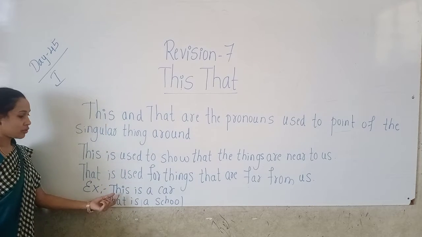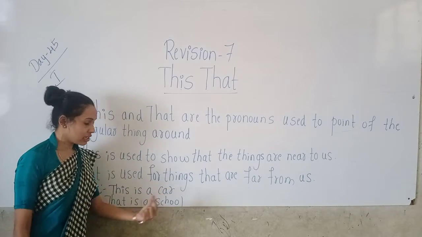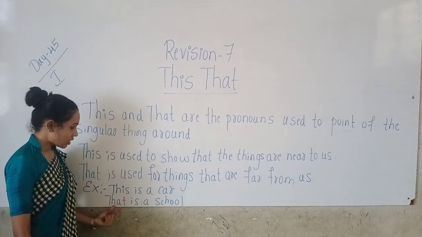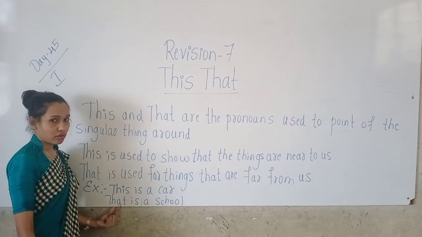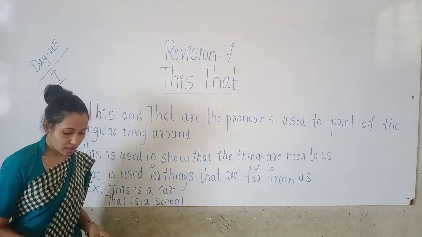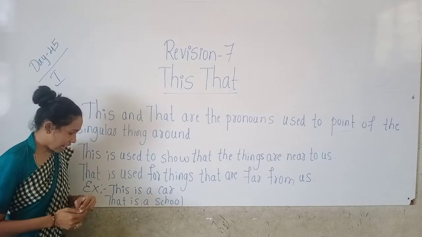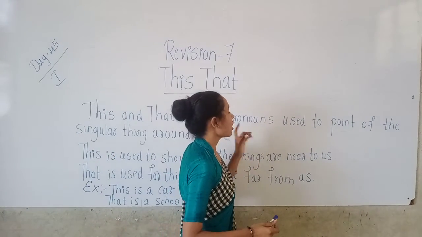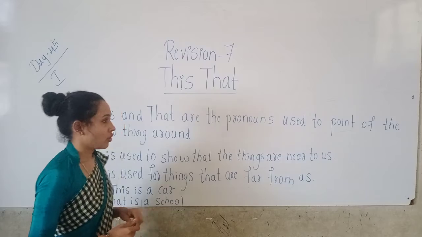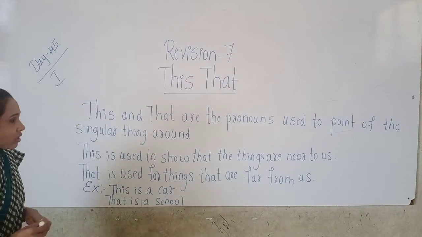So the car, if it is near to us, we are using this. The school is very far from us, so we are using that. The things which are near to us we should use this, the things which are far from us we should use that. Remember, this and that we are using only with the singular things around us.